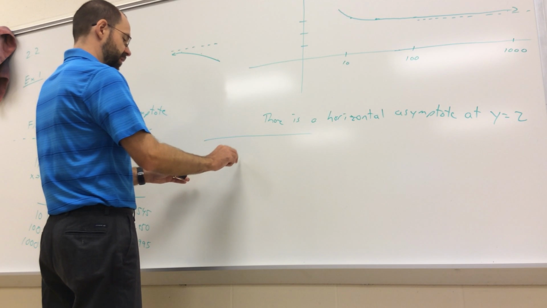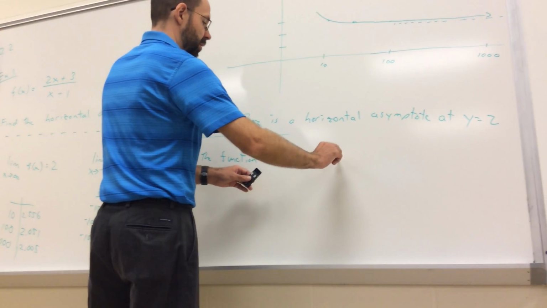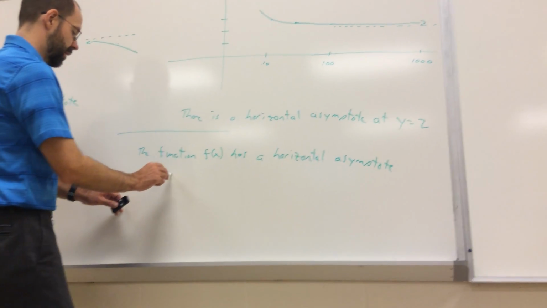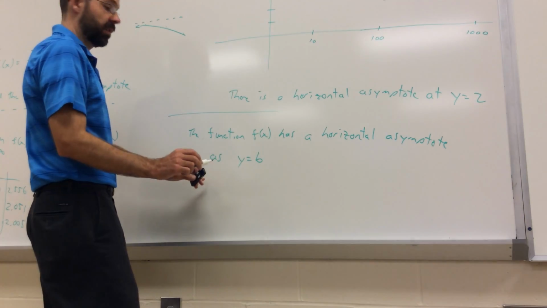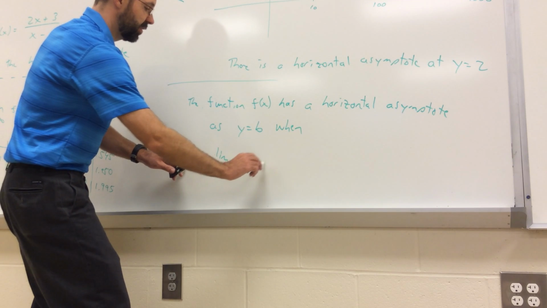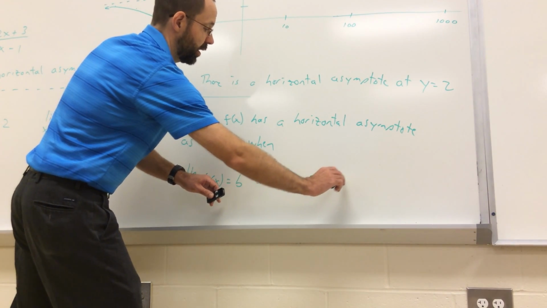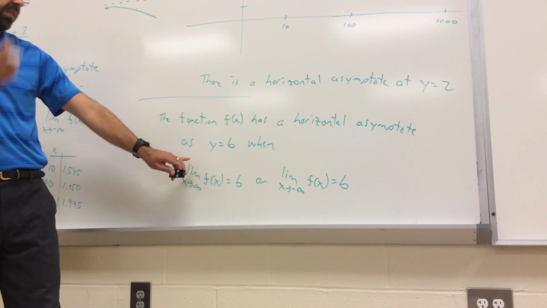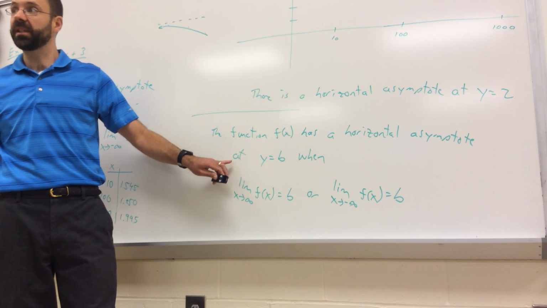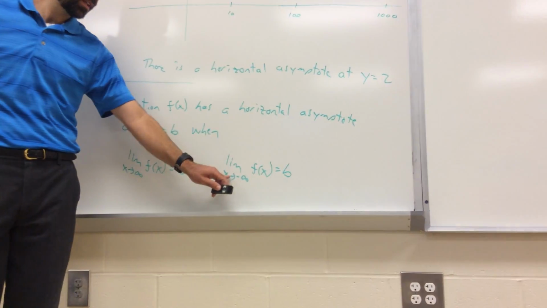So the function f of x has a horizontal asymptote at y equals b when the limit as x goes to infinity of f of x is b, or the limit as x goes to negative infinity of f of x equals b.